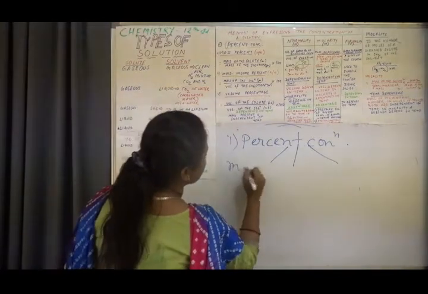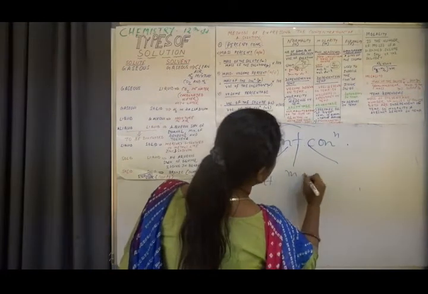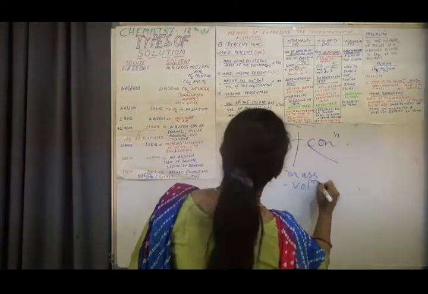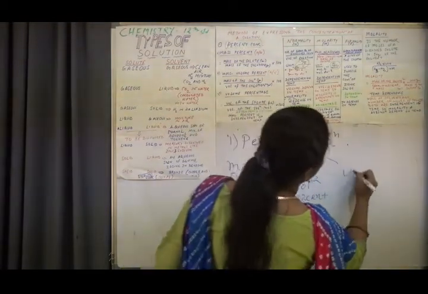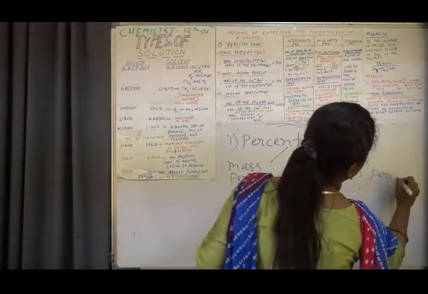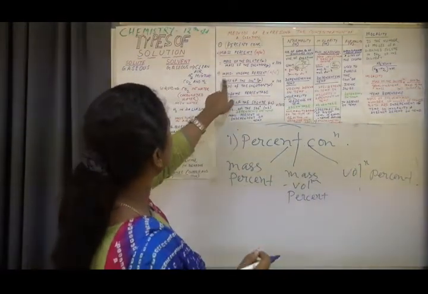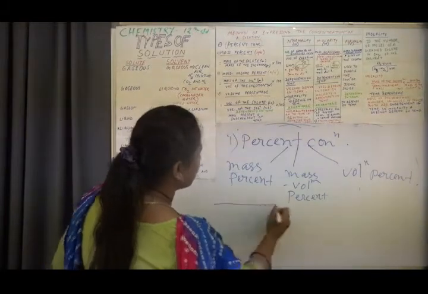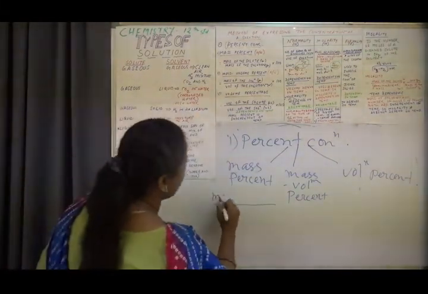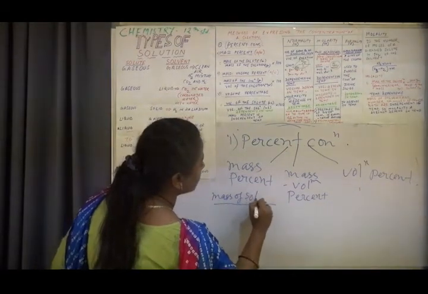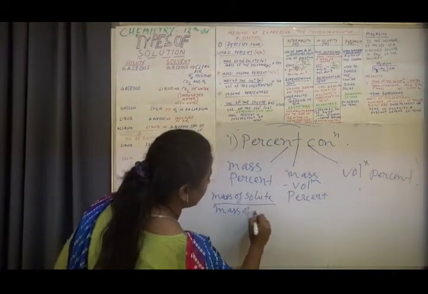One is mass percent, another one is mass volume percent, next one is volume percent. What happens in mass percent? The formula of mass percent is the mass of the solute divided by the mass of the solution.